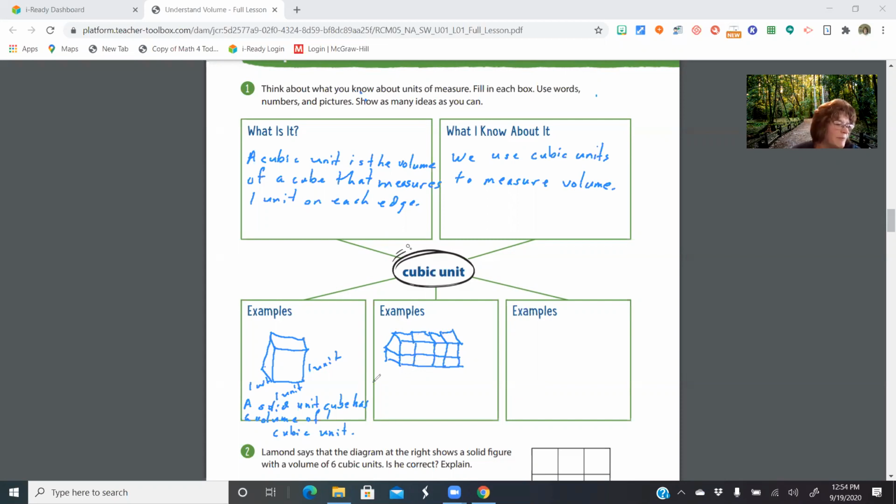This prism has a volume of 1, 2, 3, 4, 5, 6, 7, 8 cubic units. Something like that. I hope yours looks a lot better than mine. Or you can do something that's a little easier.